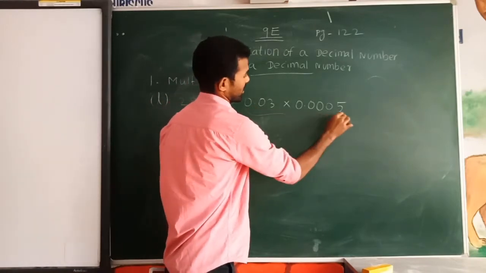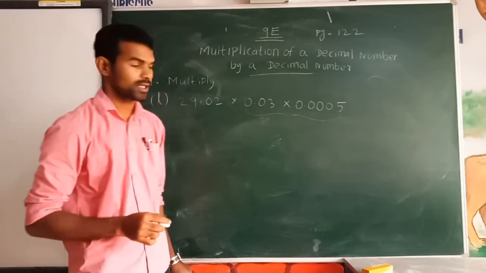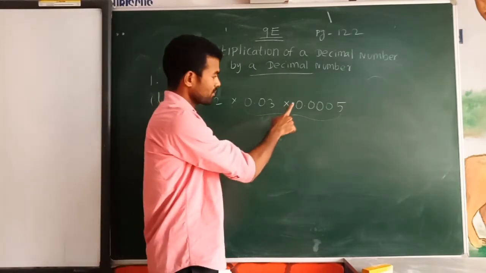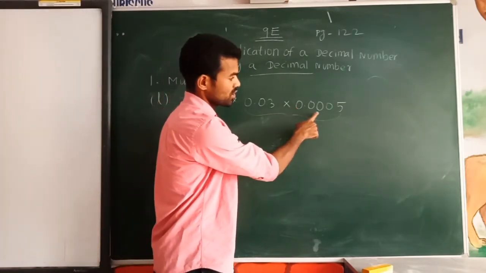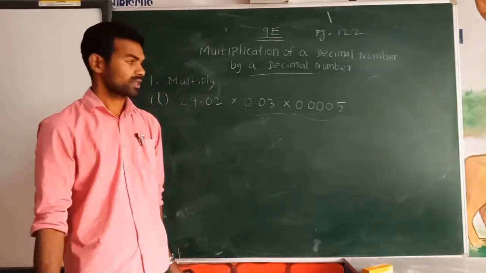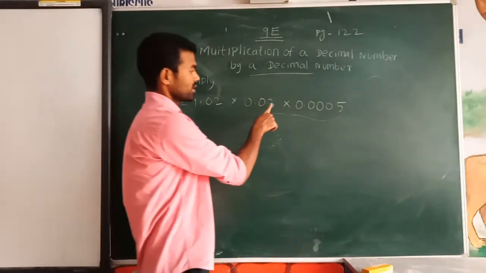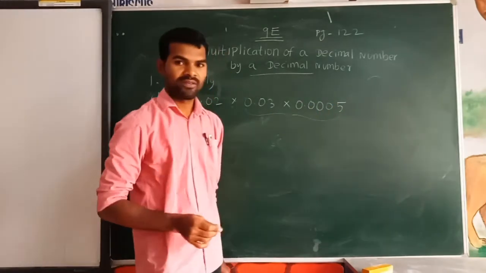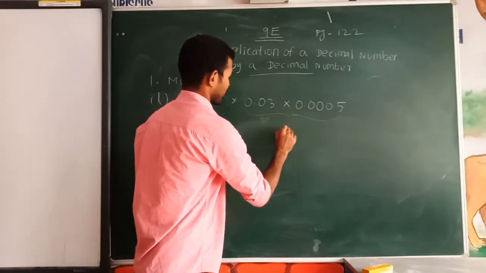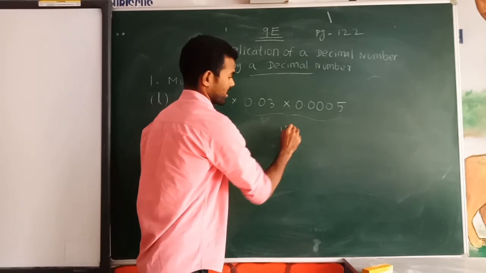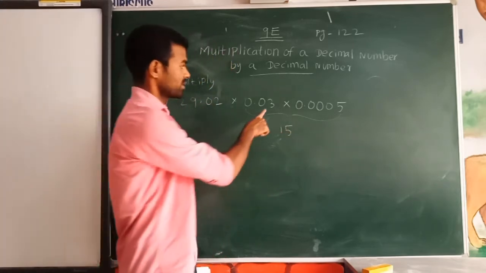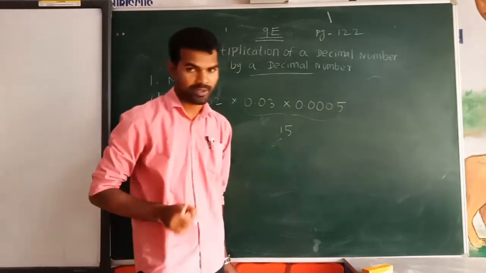I multiply these two numbers first: 0.03 multiply 0.0005. What answer are we getting? 3 times 5 is 15.